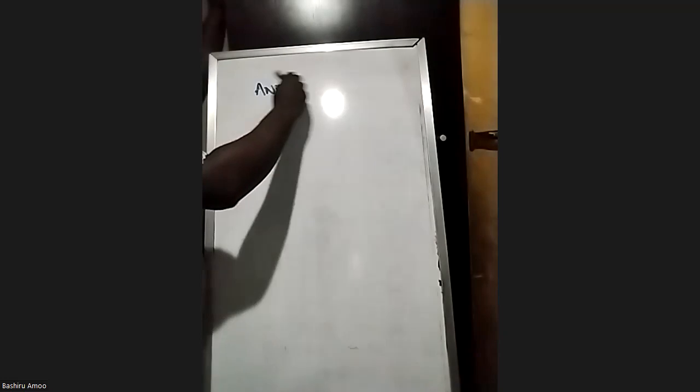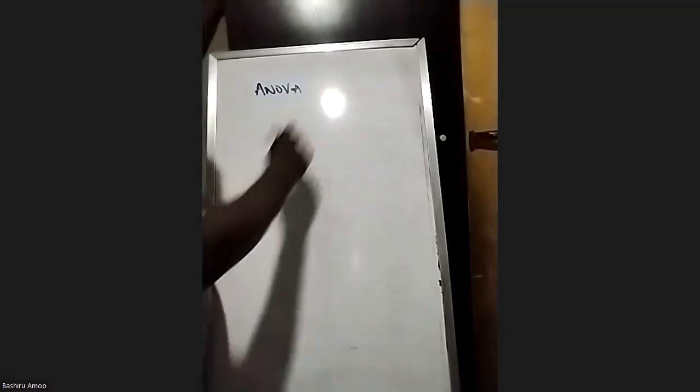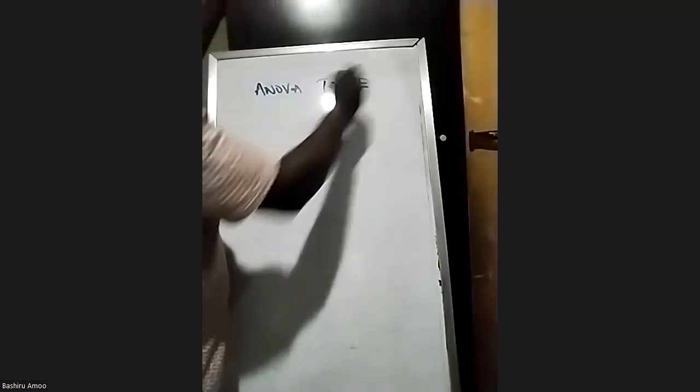So before you go, let me tell us how to derive an ANOVA table, because sometimes you may be asked to transform your result into an ANOVA table. Let me just manage the board.